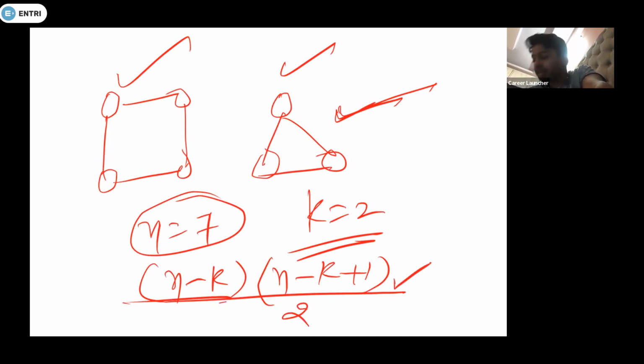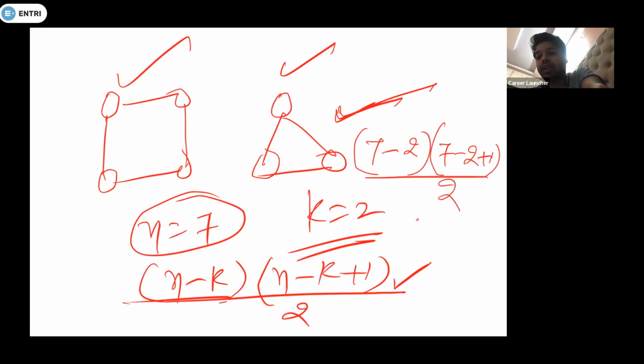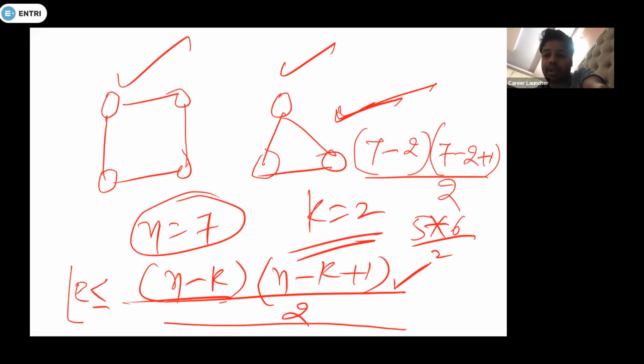So here n is 7: 7 minus 2 is 5, into 7 minus 2 plus 1 is 6, divided by 2. So E is less than or equal to 5 into 6 by 2. The maximum will be 15.